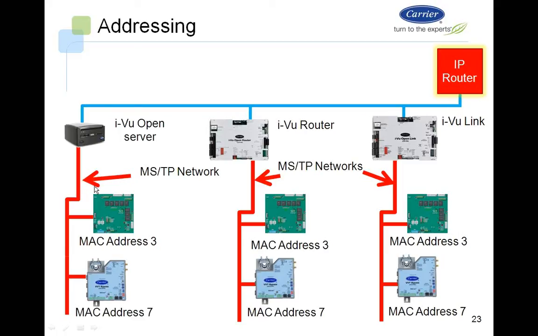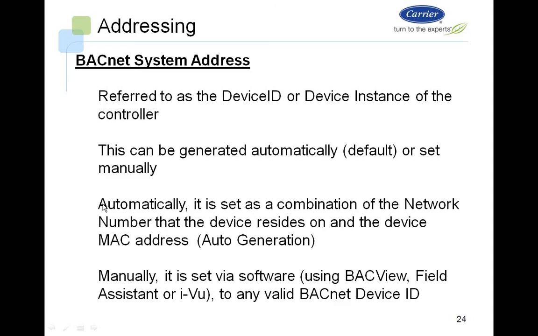The BACnet system address, which is often referred to as the device ID or the device instance, is used on a system basis as opposed to just on the MSTP network. For open controllers, this device instance or device ID is generated automatically, but can also be overridden and given a manual address.